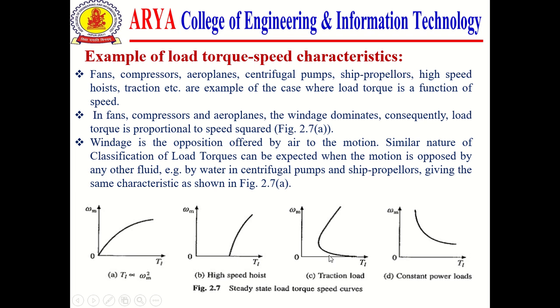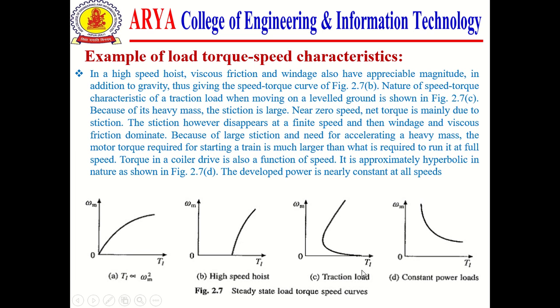For this application, if engineers have this knowledge, then they can select a suitable motor for driving a load. These are examples of constant power loads where the load torque is inversely proportional to the speed. Whenever speed is high, torque is low. So these are the basic examples.